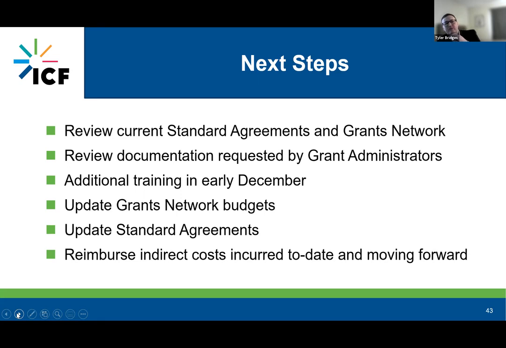Based on the results of that analysis, HCD will chart a path forward and provide an additional training with more specifics in early December. So this was to get everybody familiar with the concepts of indirect costs and how to complete the request submitted last week so that we can begin to move forward, and we'll provide another training in a few weeks that will focus specifically on how we complete this process and move forward.